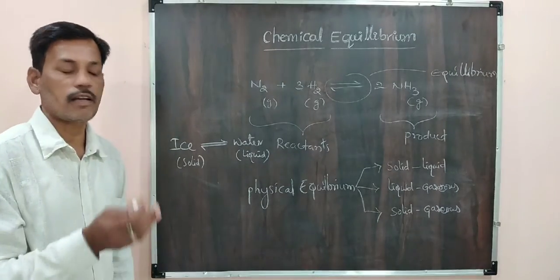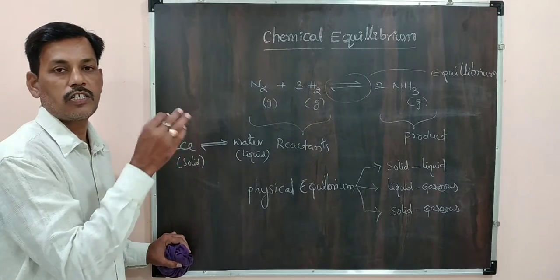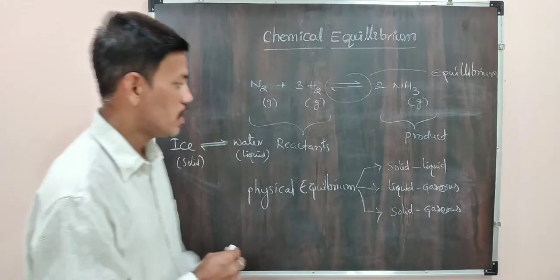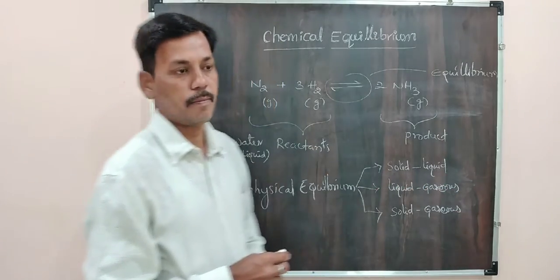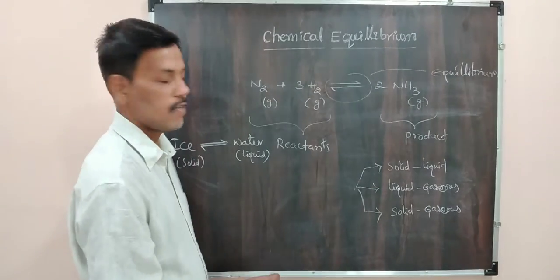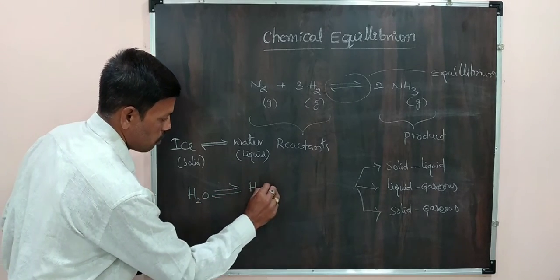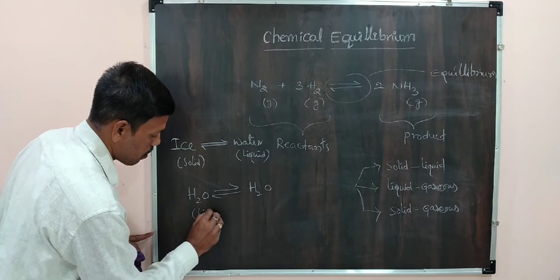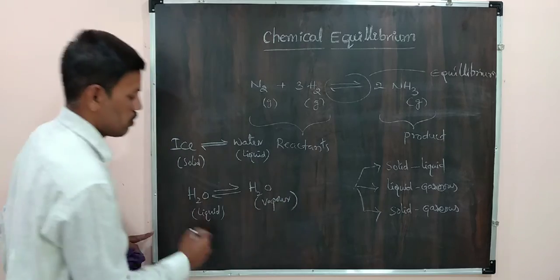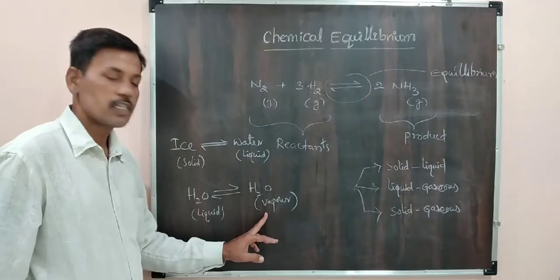In solid liquid equilibrium there is no chance to melt further. The initial freezing point or the initial melting point is referred to in solid liquid equilibrium. Whereas if we see the second example, liquid gaseous equilibrium. Now you see, H2O liquid gives rise to H2O vapor. This one is liquid form and this is vapor form. Here this is water in liquid form and this is in vapor form.